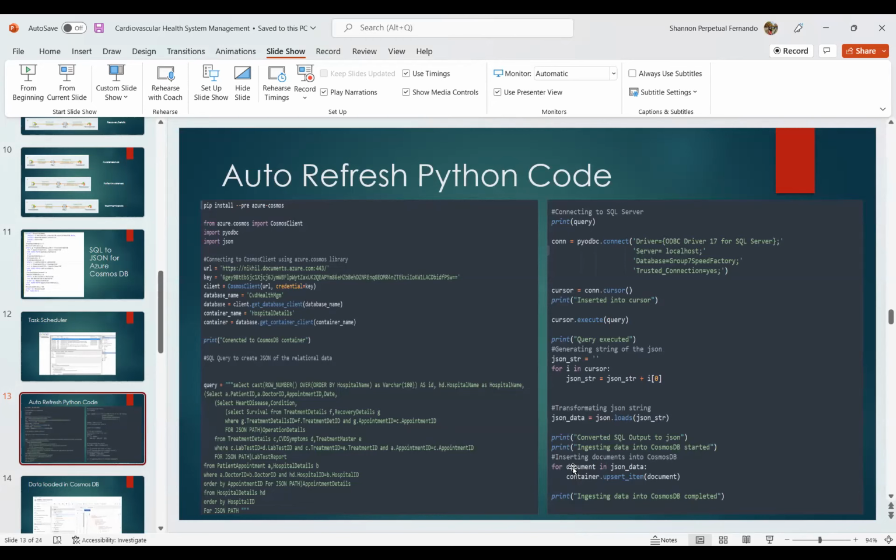So the thing is that we have used the functionality called upsert. So if there is any change in our underlying data set, so our underlying data set is in our relational database, that is in SQL Server, the same changes would be reflected in our Cosmos DB. Or if there is any new insert, the same new insert would be reflected in our Cosmos DB. It actually works like a merge in SQL. Okay, thank you.